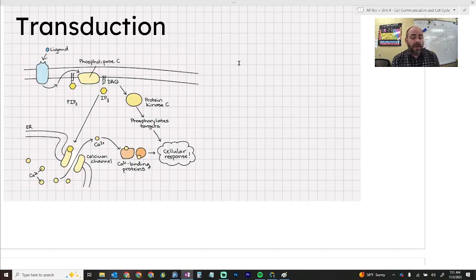Protein kinase C is going to phosphorylate its targets, whatever its targets are, and then that's going to lead to some cellular response. IP3 is going to go into the ER, and that is going to bind with that protein channel on the ER, which is going to cause calcium to be released into the cytoplasm, and the calcium is going to bind to proteins, and the calcium binding to those proteins then elicits some kind of cellular response.